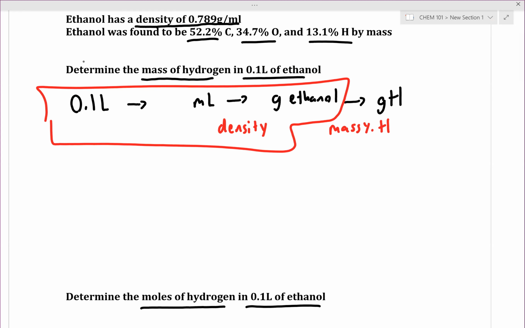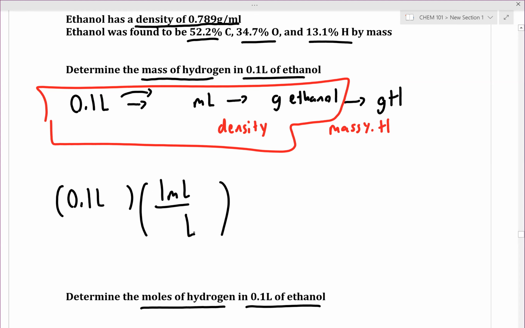Okay, so from here, starting off, we have 0.1 liters of ethanol. Liters to milliliters. What units need to go on top? Milliliters. So in 1 milliliter, we have how many liters? And remember, the power of 10 always goes with the base unit. Milli corresponds to what? 10 to the negative third.